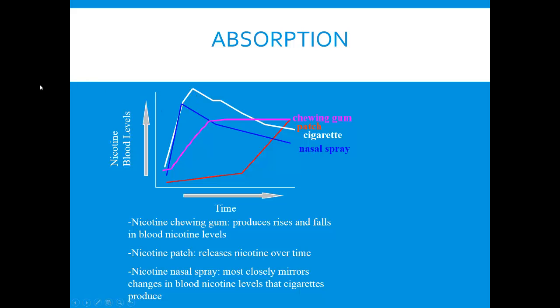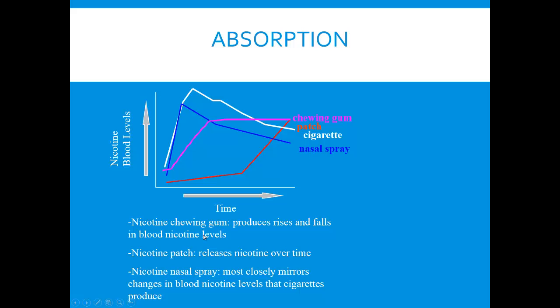Okay? But let's get back to our graph. So remember the white line, that's our cigarette. The pink line is our chewing gum. Now let's look at this. It says it produces rises and falls in blood nicotine levels. So if you have an individual who's smoking one cigarette and then another cigarette, then you're going to have rises and falls in nicotine levels.